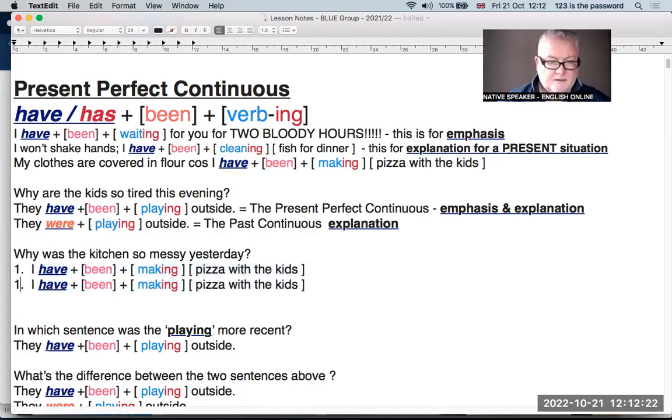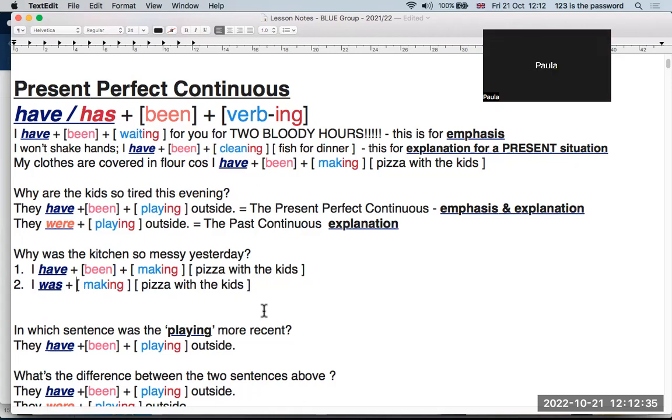Or is the answer, I was making pizza with the kids? Which is the best answer in this situation? The second one. Yes. Why? Because it was yesterday, not really recently.